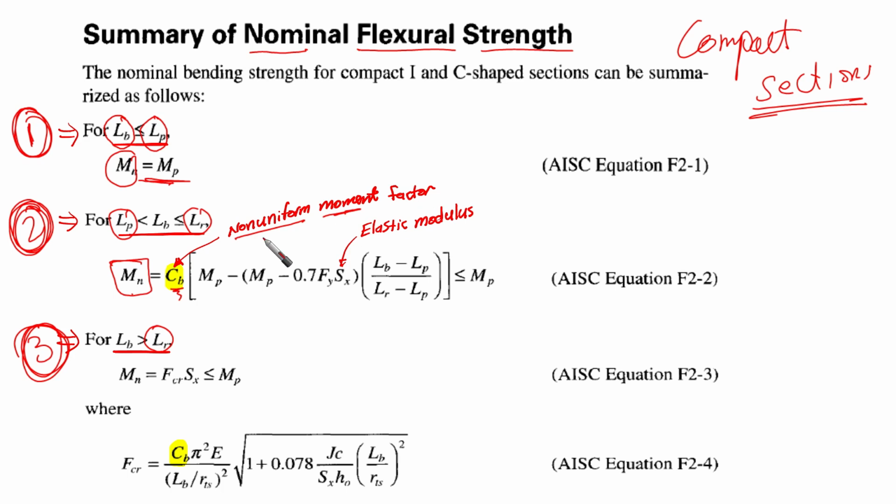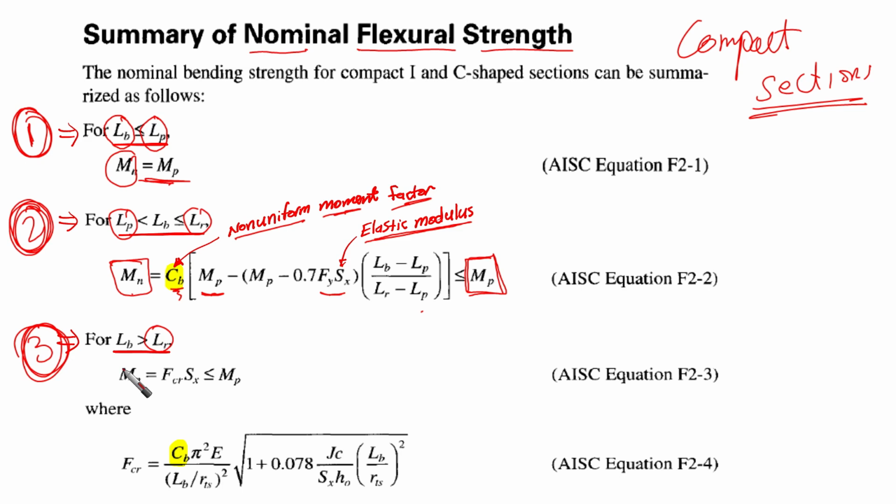We call it the non-uniform moment factor, times MP minus MP minus 0.7 Fy SX, this is the elastic modulus, times this value, which is LB minus LP over LR minus LP. It is the ratio of where exactly our LB is in between LR and LP. And it should always be limited, with an upper limit of MP.